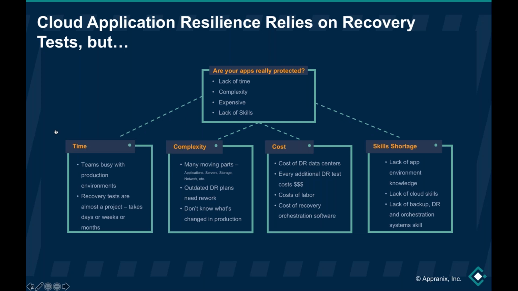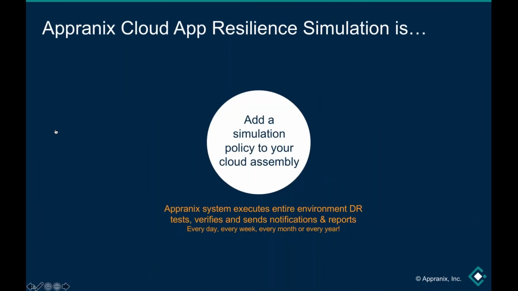In all of those areas, automation is the key. All we have to add is a single simulation policy to automate the entire application environment recovery. I don't have to do anything afterwards. My system will delete that environment and clean up as if nothing happened in the California region, and your cost will come down within an hour.